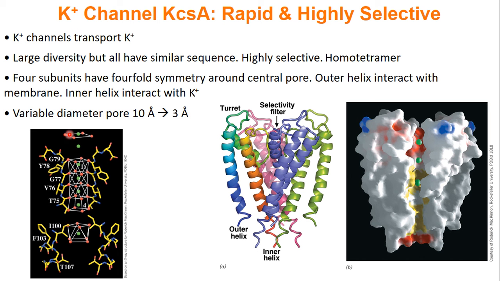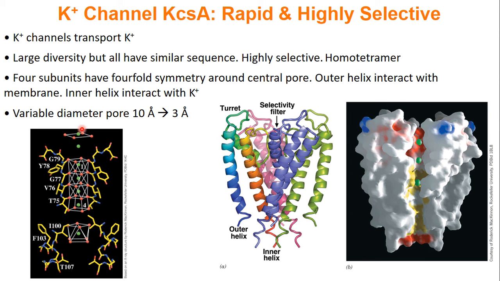And also the pore helps as well, in that when you get into the pore it narrows to 3 angstroms, which only an ion the size of potassium can go through while interacting with those negative charges. So again, this is another example of a pore that has been specifically designed to only let one type of ion in.